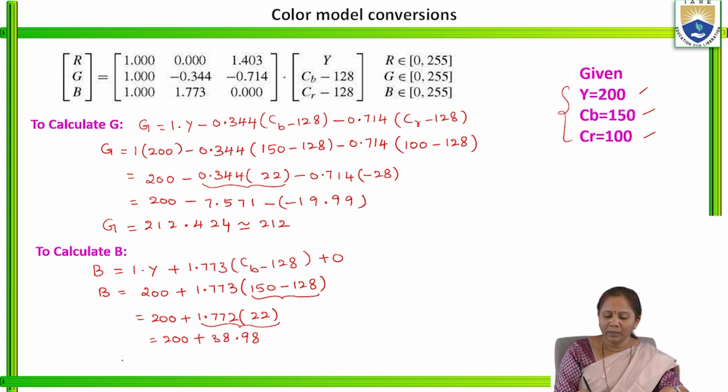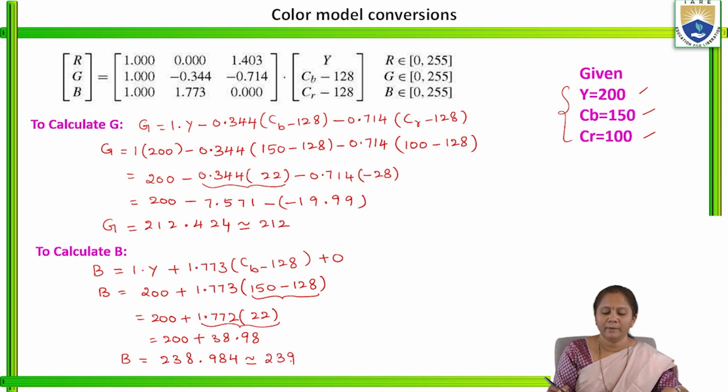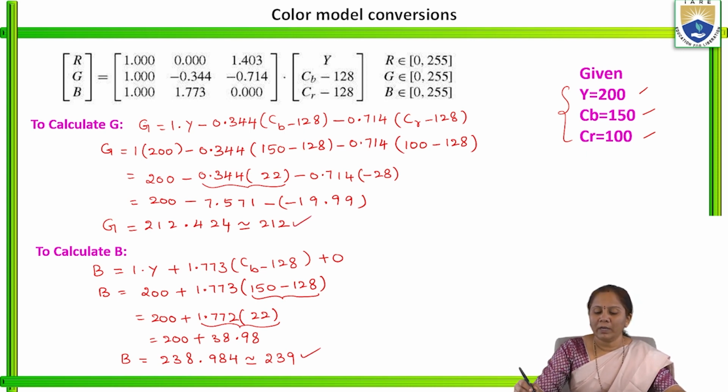After performing the addition, we get the value of B, that is 238.984. As it is above 0.5, we can write this value as 239. So these are the values of RGB. We have converted YCbCr to RGB.